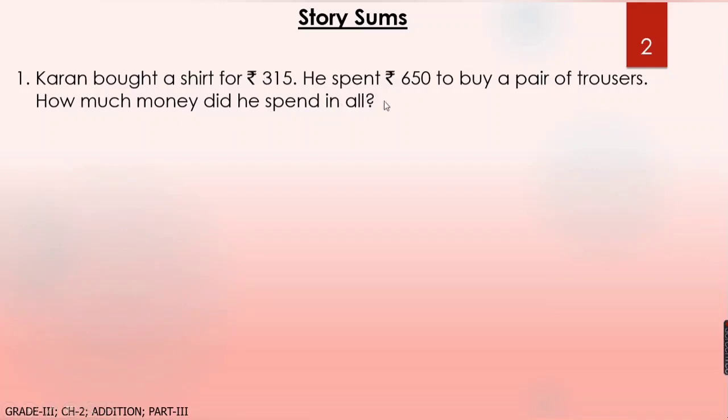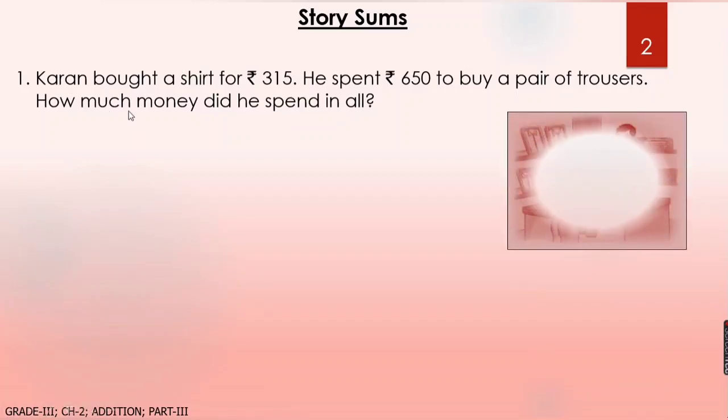That means this story says that Karan is a boy who bought a shirt and he spent rupees 650 to buy a pair of trousers. So how much money did he spend in all? That means we have to find the total amount. So what will we do, children, here? We will do the addition.